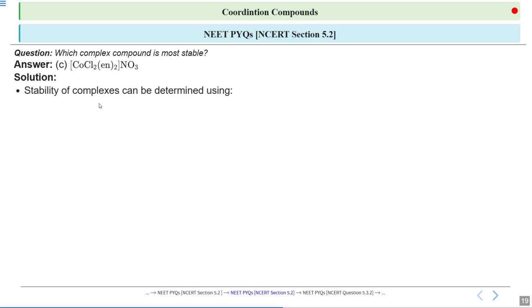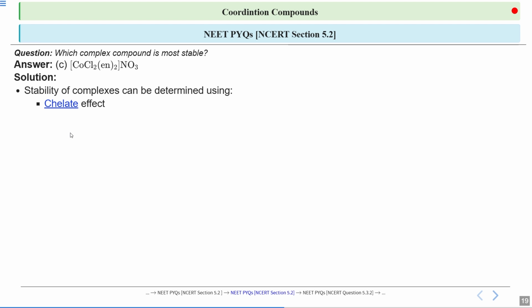Stability of a complex can be determined using the chelate effect. Remember the chelate effect we have studied, in which there is a presence of a chelate ligand which forms a ring-like structure around the central metal atom after binding to it at different sites with different donor atoms.